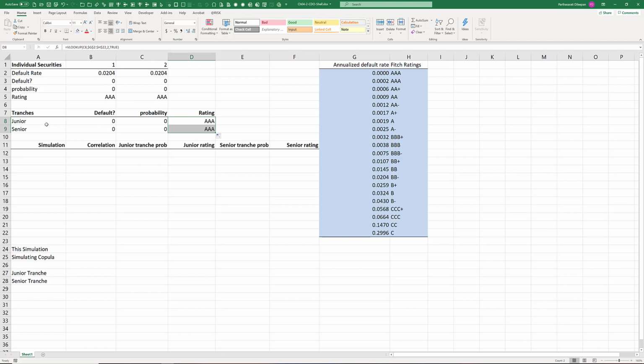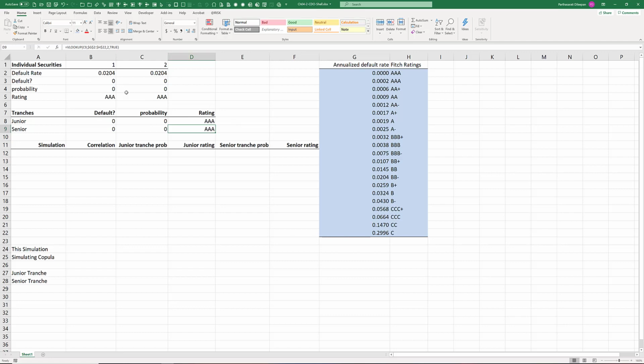Now if you simulate, we can find out that the individual ratings would be the same as what we started out with, which is BB minus. But then when we put them into tranches, what will be the rating of the junior and the senior tranches for this case?